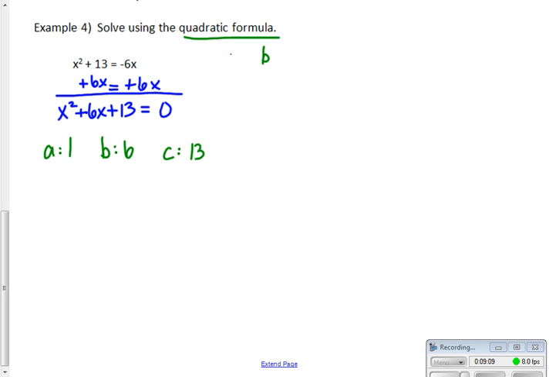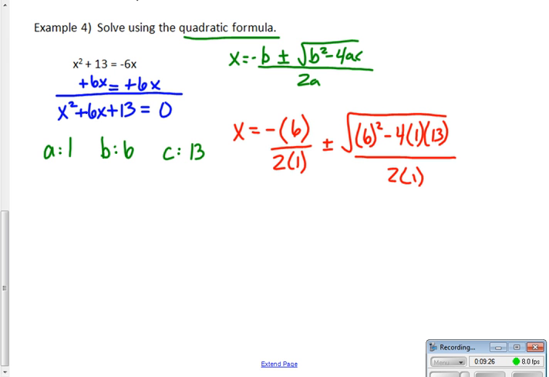Now I'm going to put it into the quadratic formula here. Remember, that is x equals negative b plus or minus the square root of b squared minus 4ac, all over 2a. So we need to go ahead and substitute those values into that quadratic formula. There's my substitution after I put everything in for the corresponding variables.